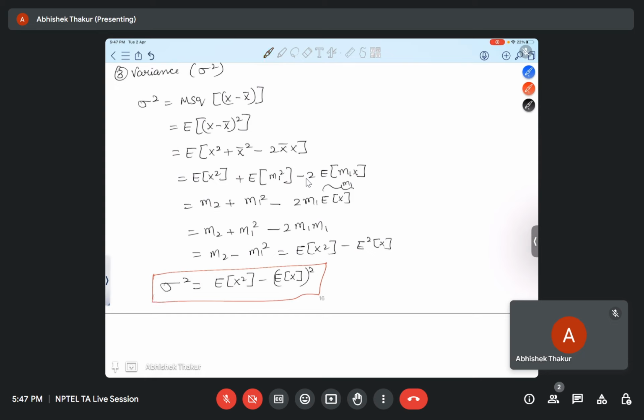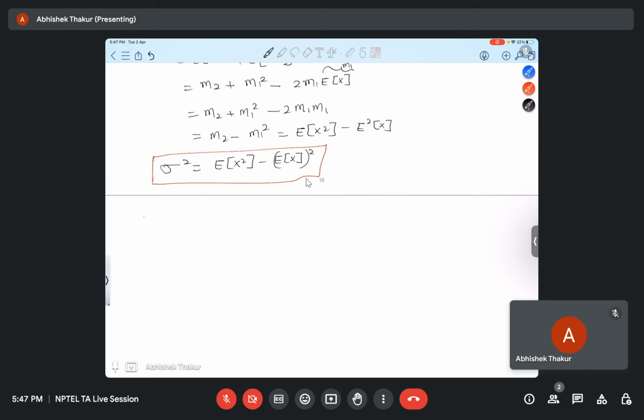And also, sigma squared is equal to, let's write in the next page only. Sigma squared, this E of x squared is total power minus DC power. So total power minus DC power, what is this? This is equal to AC power.